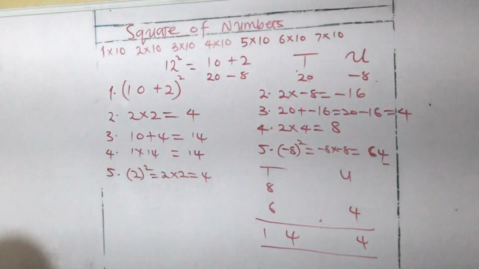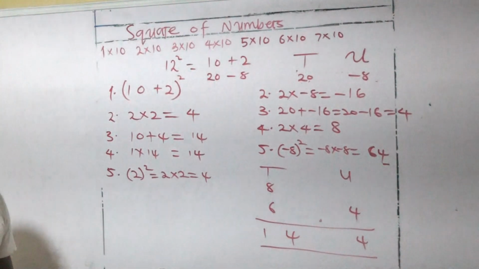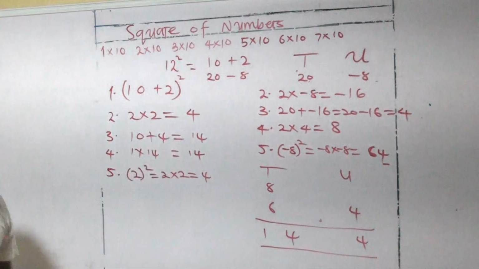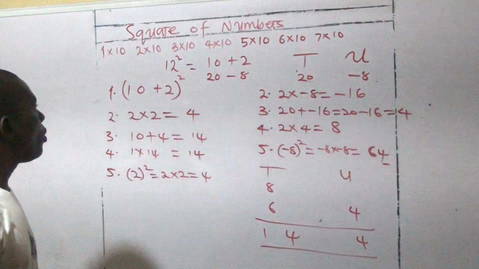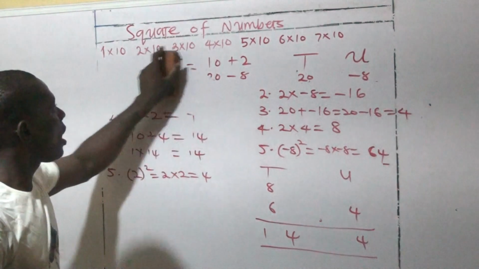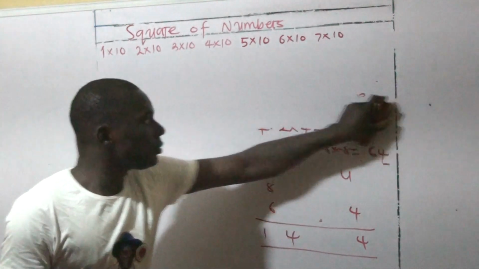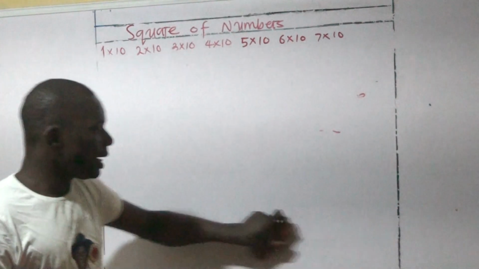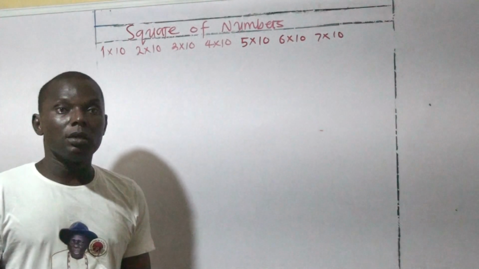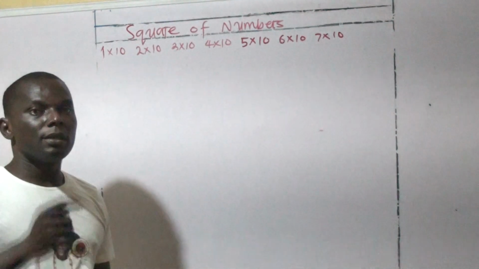Okay, this is the way we can handle square of numbers. So we can easily use this approach to handle the square of a number. Like I said, the first thing you have to do, given this kind of question, is to arrange the numbers so that they are in tens and units.